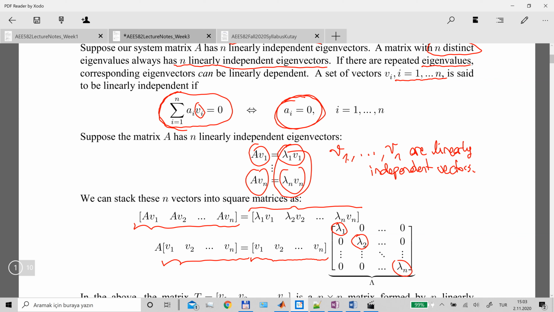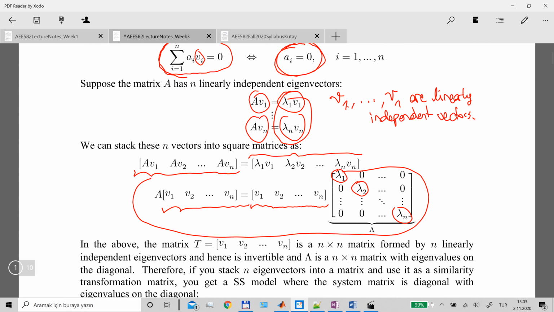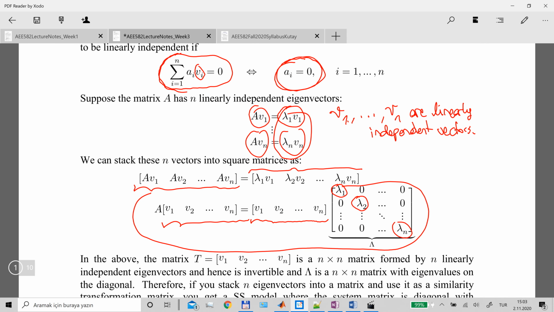So if you think about that, this matrix equation is equal to the previous equation. So in other words, if you call this matrix of eigenvectors T, now you have this matrix equation. The matrix A times that square matrix T is equal to matrix T times capital lambda, where this capital lambda is a diagonal matrix with eigenvalues of the matrix A on the diagonal.